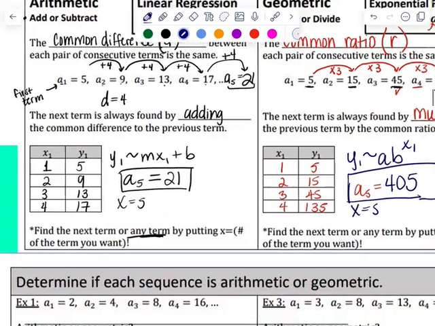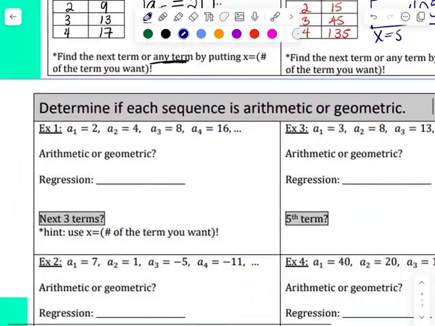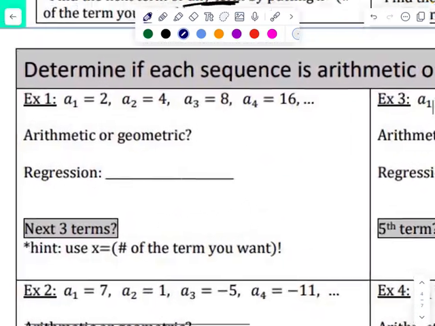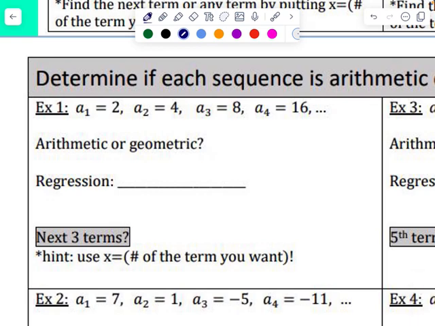And we're going to repeat that on a couple of examples here. So example 1, I've got to determine if this is arithmetic or geometric, right? We talked about it. Arithmetic means you're moving by adding or subtracting. Geometric means you're moving by multiplying or dividing. So for me to move from 2 to 4, I could add 2, but if I add 2 again, that doesn't work.